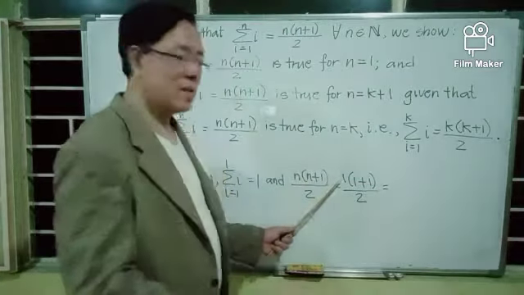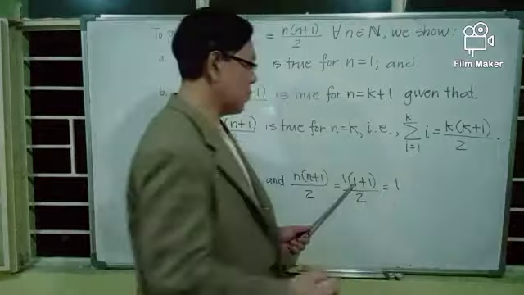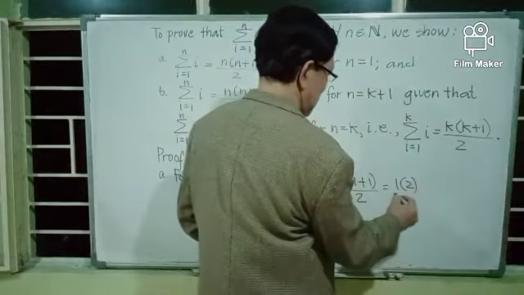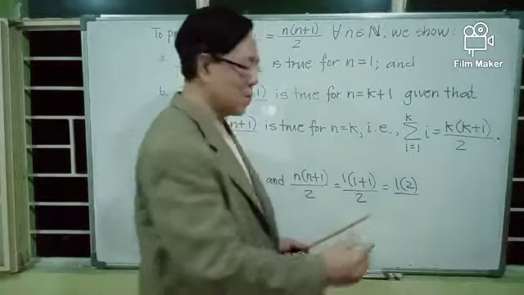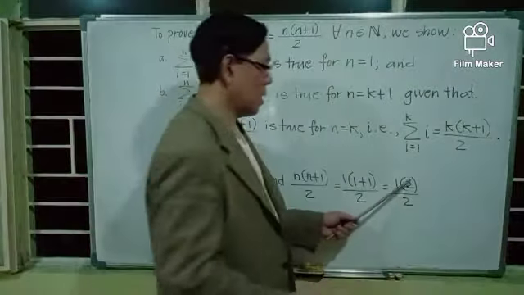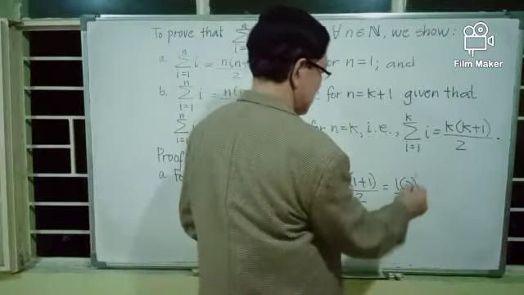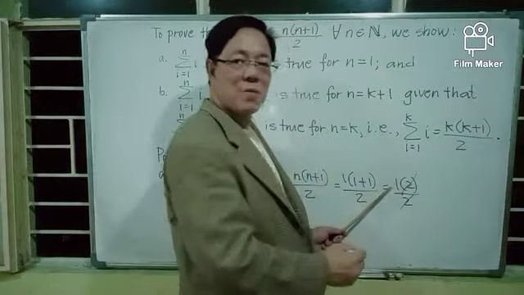We have 1 multiplied by 1 plus 1 is 2, and divide by 2. And 2 will cancel out because 2 over 2 is 1. And what remains is 1.